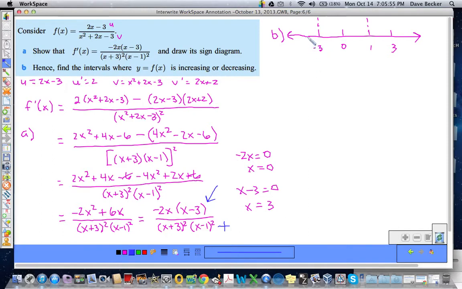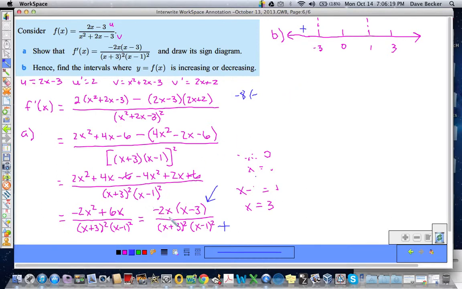So I'm going to start with -4. Let me get rid of this so I have a little bit of scrap work. Well, I can do it up here. -4 for this interval. So -2 times -4, that's a -8, multiplied by a -7. A negative times a negative is a positive.